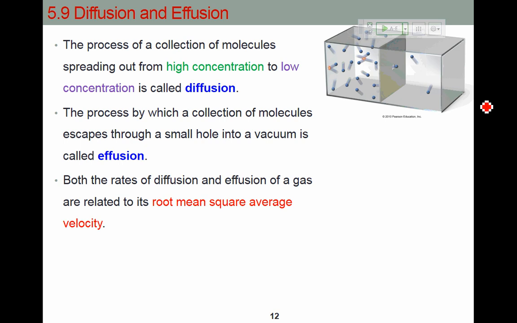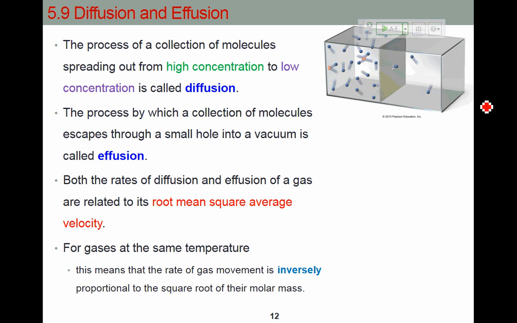Both the rates of diffusion and effusion of a gas are related to our root mean square velocity. How fast the gas is moving is going to affect our rates of diffusion or effusion. So for gases at the same temperature, the rate of a gas movement is inversely proportional to the square root of their molar mass.